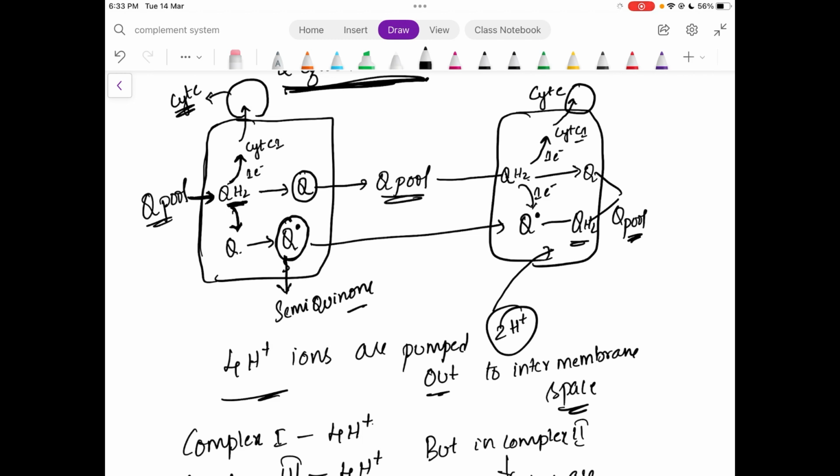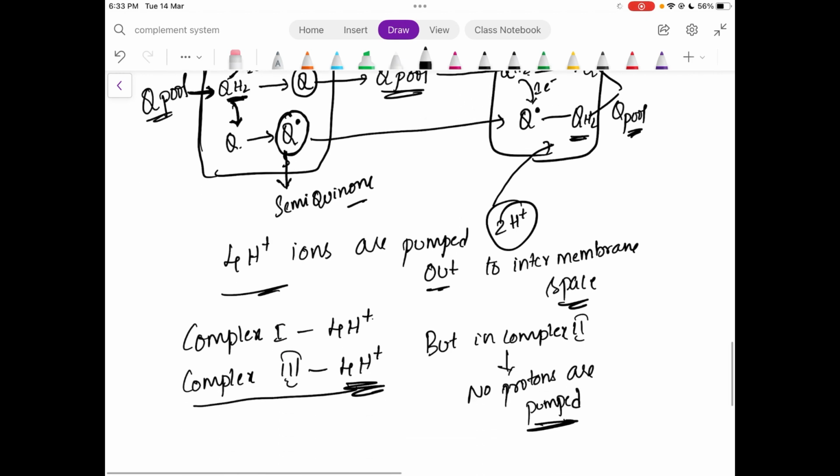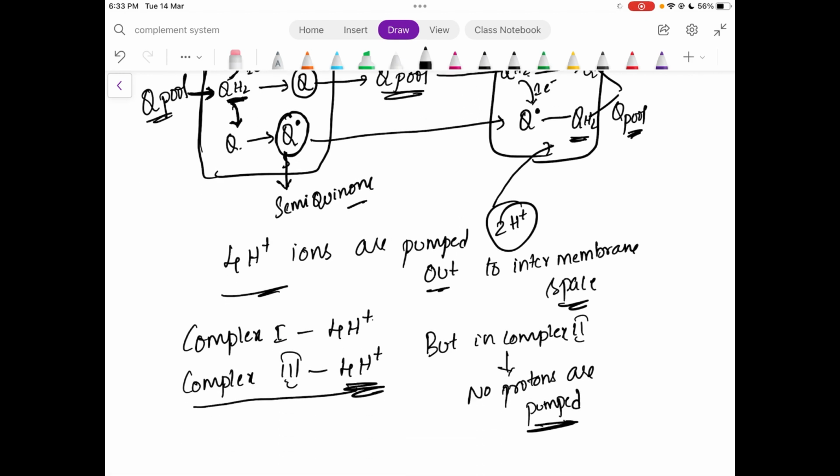This ubiquinone is converted into semiquinone, and it will further accept one more electron from another QH2, and it will become normal QH2, and one more electron is donated to cytochrome C. That means in complex 3 we require 2 QH2 molecules and 2 cytochrome C.